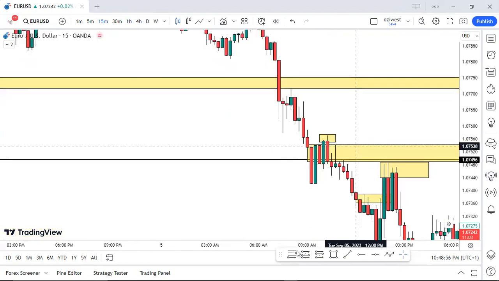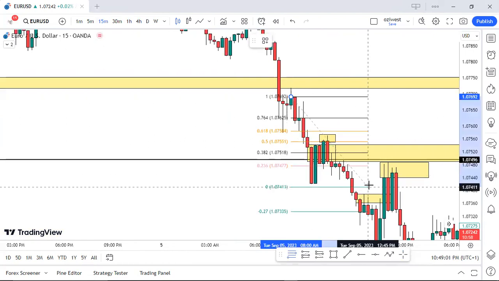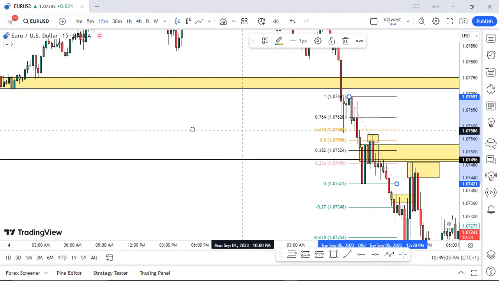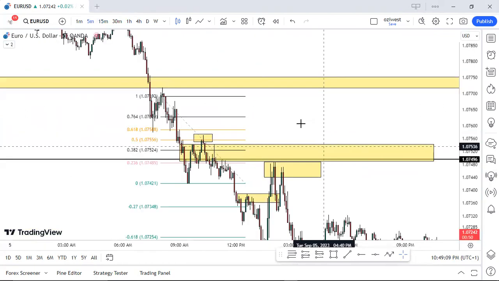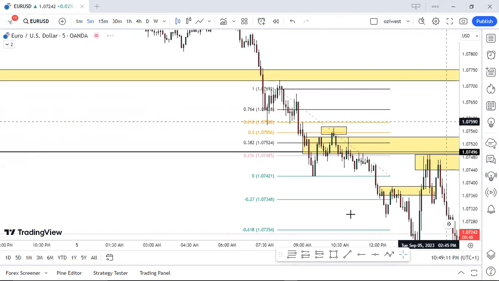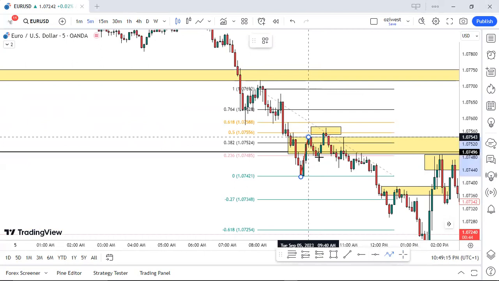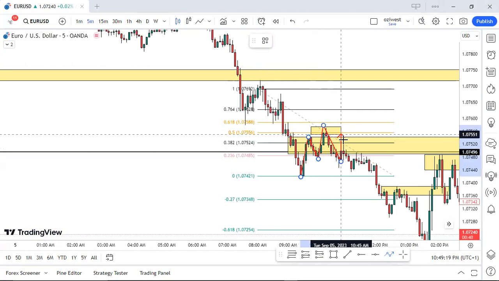Drew my Fibonacci from the swing high, this push here, to the swing low. Golden zone was rejected, so I was looking for sells. I saw an entry confirmation on the 5-minute time frame. If you look closely, you notice that price gave us this head and shoulders pattern. Right shoulder.